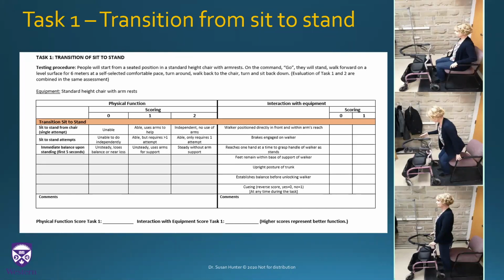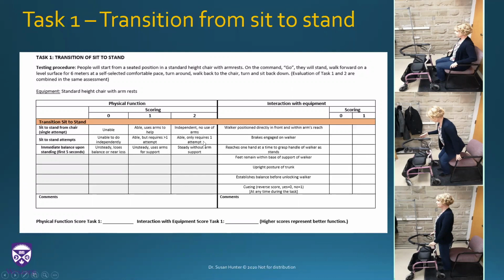And in their physical functioning, the scores range from 0 to 2. The things that we're looking at, on that first attempt for sit to stand, are they able to do it independently without use of arms, with some help, or are they unable to do it? We then look at how many attempts it requires a person to go from sitting to standing.